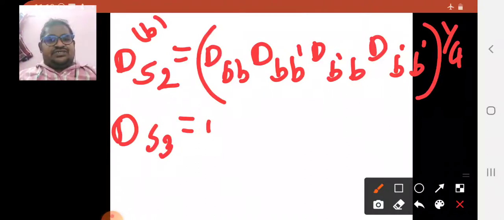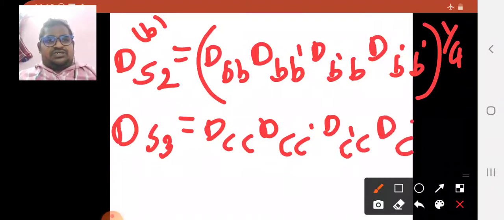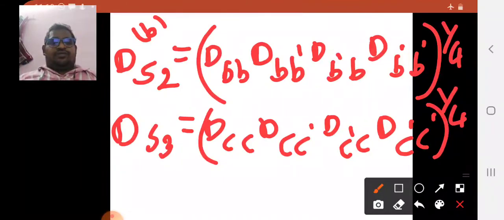That is (DCC · DCC' · DC'C · DC'C')^(1/4). Just like that we have the self GMD of the A, A' combination, B, B' combination, and C, C' combination.